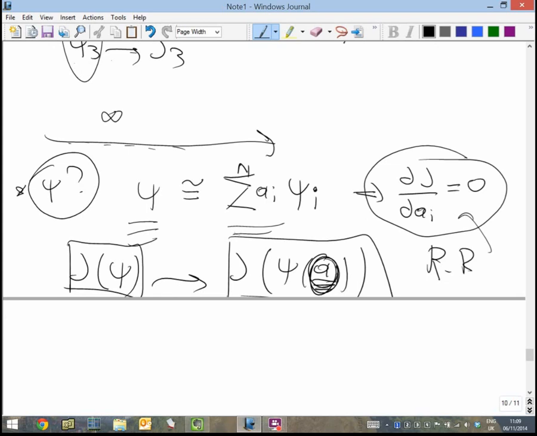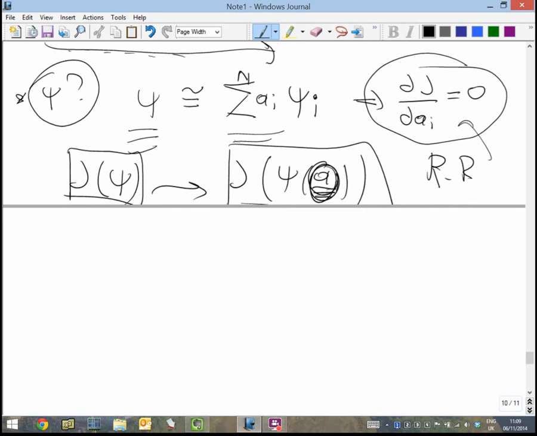Is there something more to this than just new terminology, which I could use to make myself unpopular and try to impress people? No, actually there is something behind this, because let's have a look at what this variational expression actually means. Say I have a function, psi star, which minimizes my variational expression, J. What does that mean?